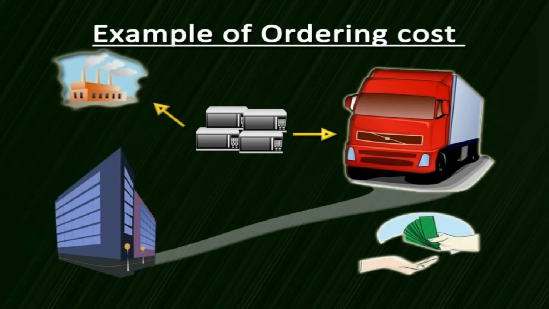So we need to pay certain transportation charges. Whatever hire charges or freight we have paid to the truck driver is known as ordering cost for bringing the inventory to our organization.